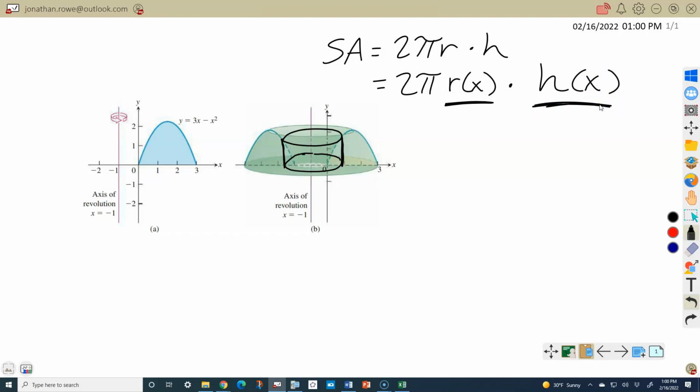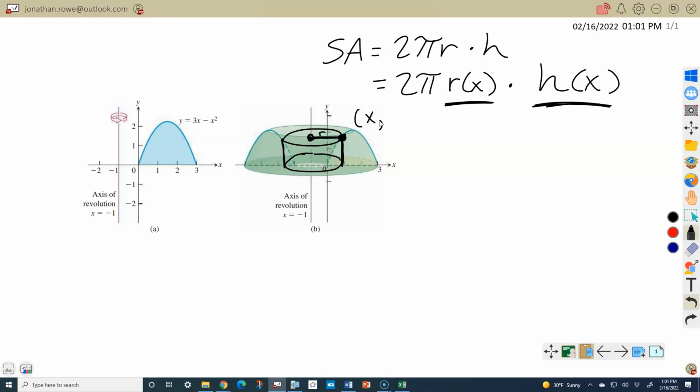So what is the radius of this cylinder? It is the difference between this x-coordinate and this x-coordinate. What is this x-coordinate? It has to be in terms of x.